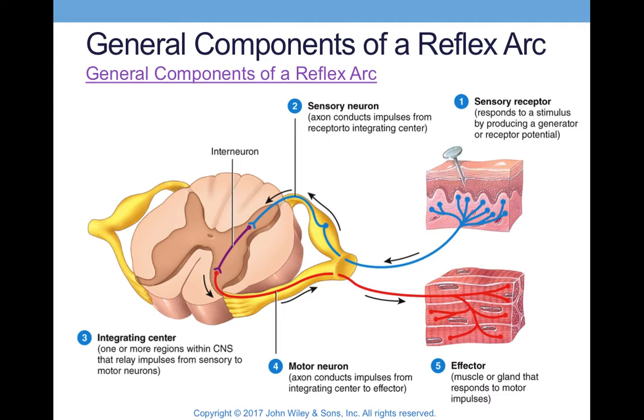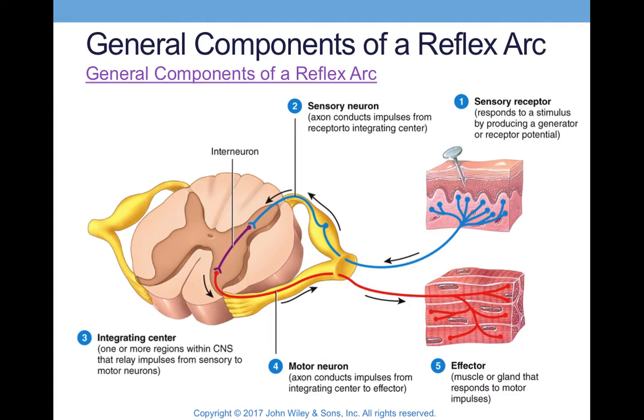So let's talk through this reflex arc. The sensory receptor on the dendrite of a sensory neuron or an association sensory structure will respond to a stimulus, whether that's internal or external, and it will produce a generator potential.